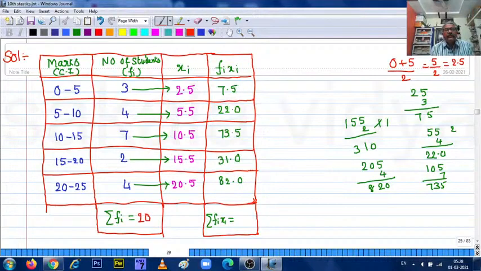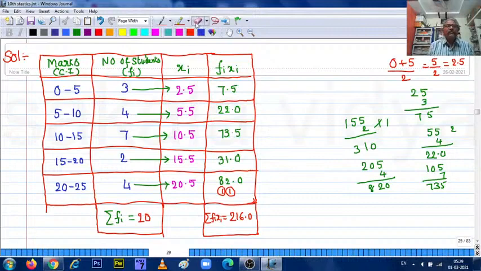Now add the last column to get the total, with 1 decimal point. This is sigma Fi Xi.